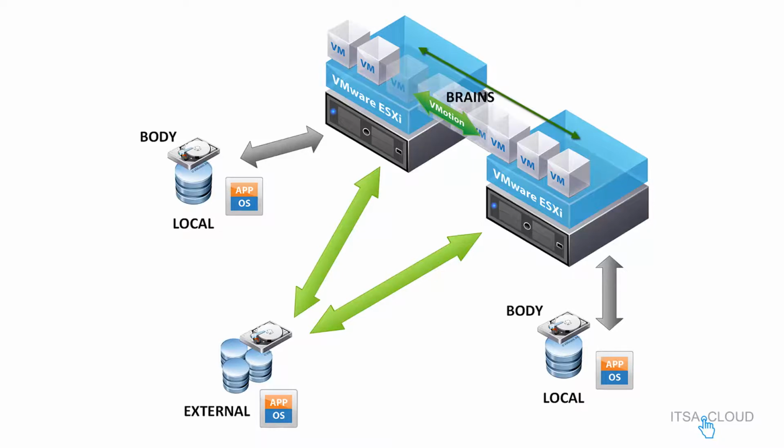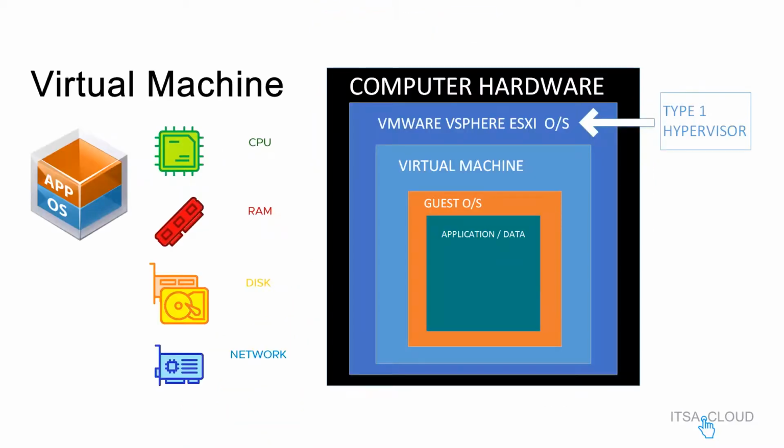Let's put it this way: the configuration is going to be the brain, and the body is going to be the rest, like the hard drive and the rest of the VM. So the body is going to be in a local or external storage, and the brain is going to be in the ESXi.